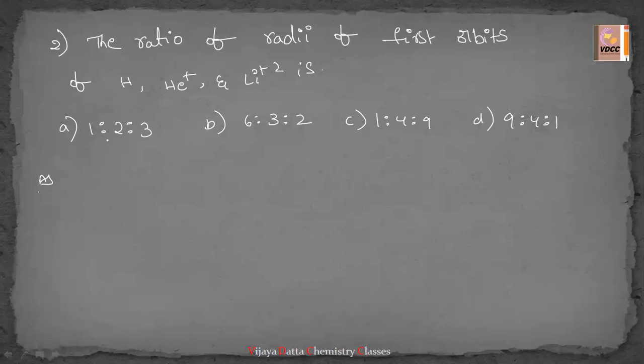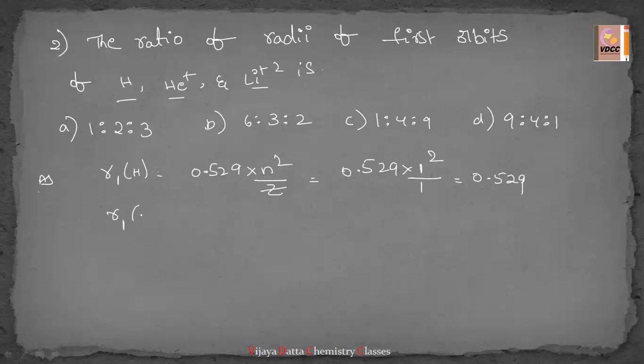Here we have a formula for the radius. They are asking for the first orbits only. The radius of the first orbit for hydrogen is 0.529 into n square by Z. With n square being 1 and Z for hydrogen being 1, it will be 0.529. Next, the first orbit of helium plus: 0.529 into n square, which is 1 here also, but Z for helium is 2, so 0.529 by 2.